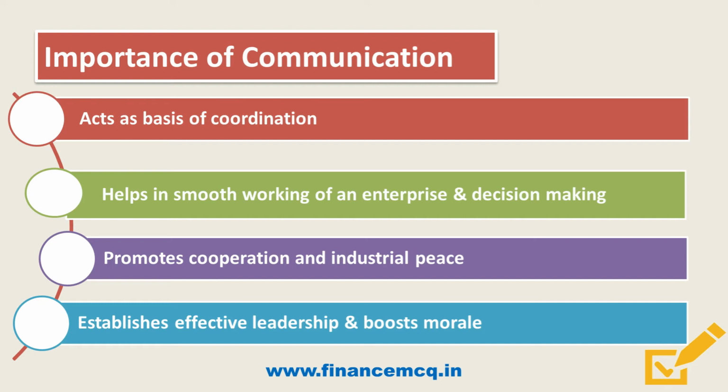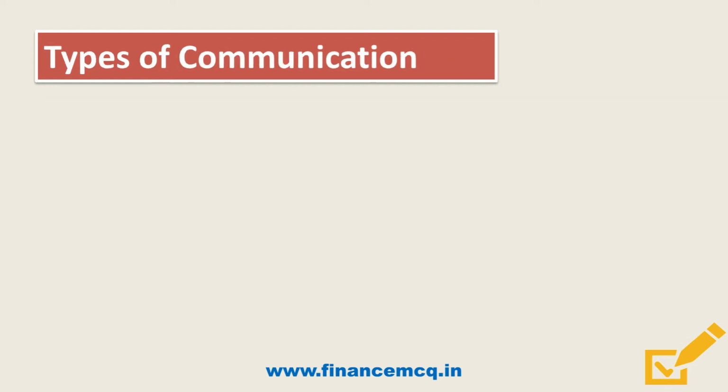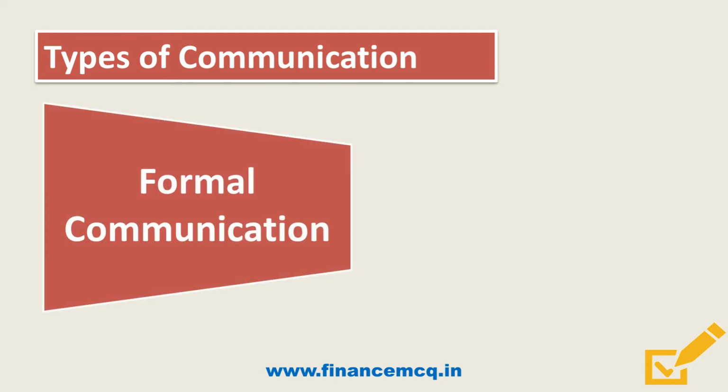Now we will move to the next slide, which is about types of communication, and let us see the first type of communication, that is formal communication. Friends, formal communication flows through official channels designed in the organization chart. This communication may take place between superior and subordinate, subordinate and superior, or among employees or managers.